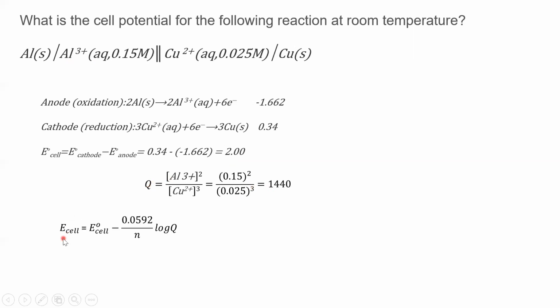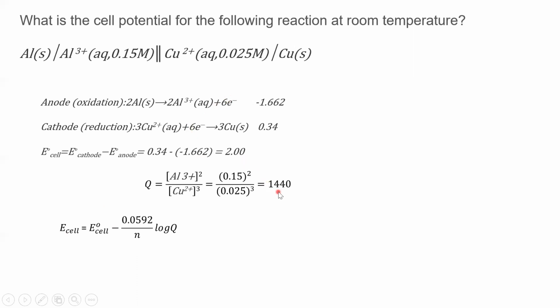Now we can calculate the voltage across this non-standard cell. We would plug in the voltage if the cell was at standard conditions, which is 2.00. We would substitute in 6 for N because 6 electrons are being lost and 6 electrons are being gained in this equation.